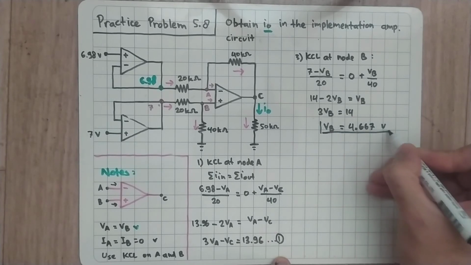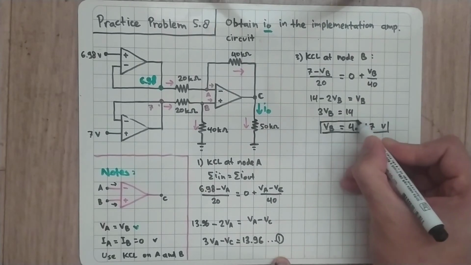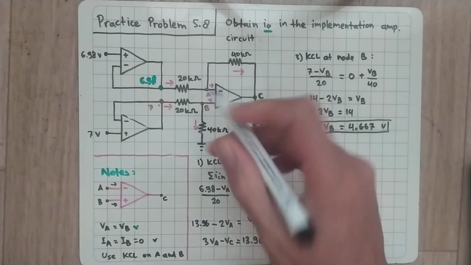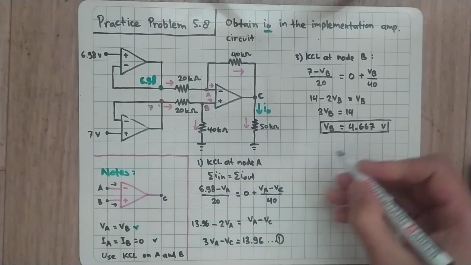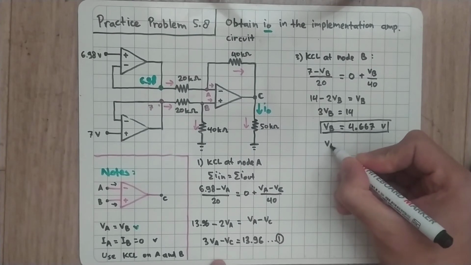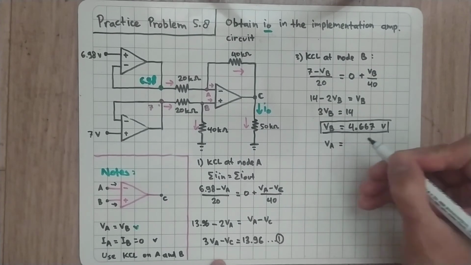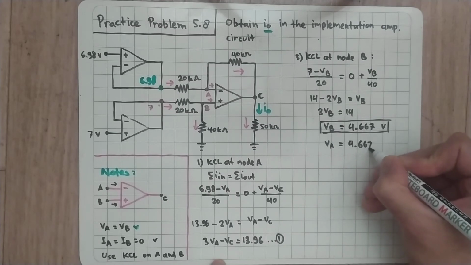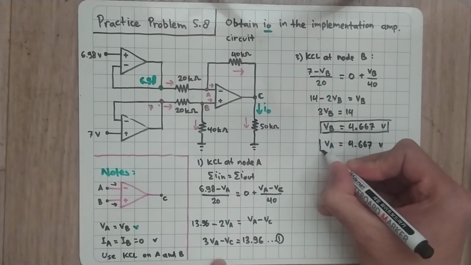Okay, we have VB there, and by using the fact that VB will equal to VA, we will have VA is equal to 4.667 volt.